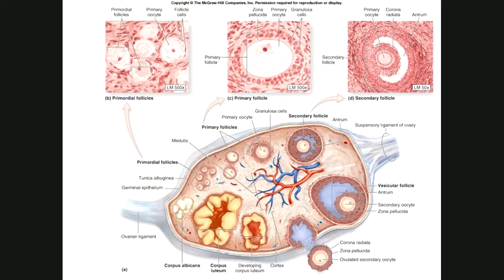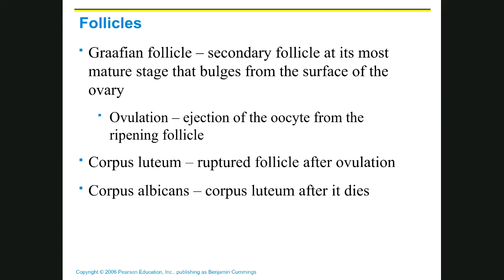It's still there. There's the follicle. But what's going to happen is under the influence of hormones, it's going to change. And it's going to turn into what's called the corpus luteum. Luteum means yellow. And corpus means body. So this is the yellow body.